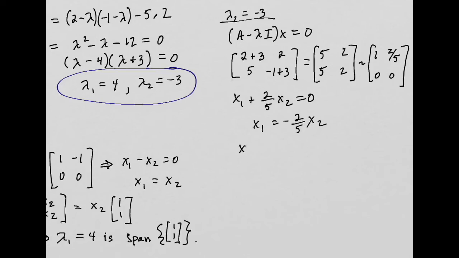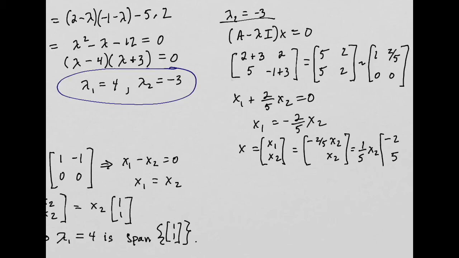So we get x equals x1, x2. x1 is minus 2/5 x2. x2 is free. So let's factor out 1/5 x2, and then we'll have minus 2 and 5.